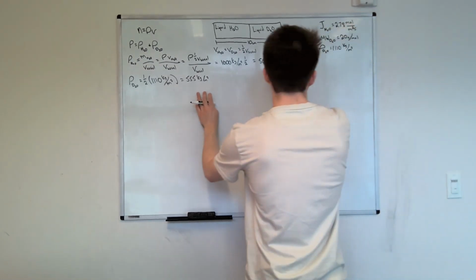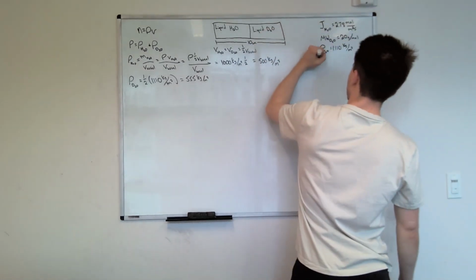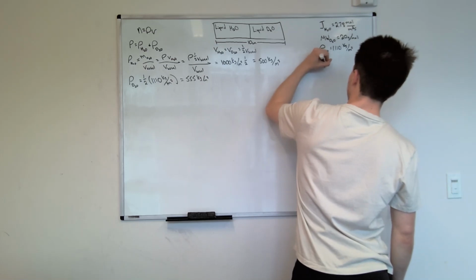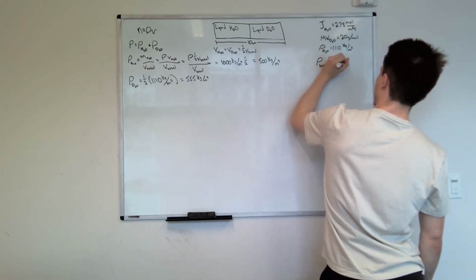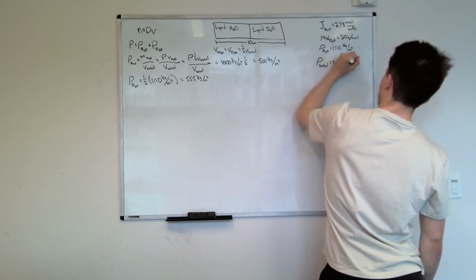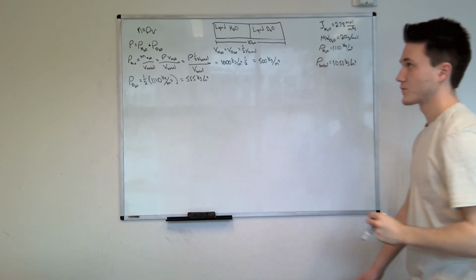So adding these two values together, we get the total mass concentration, which is equal to 1,055 kilograms per meter cubed.